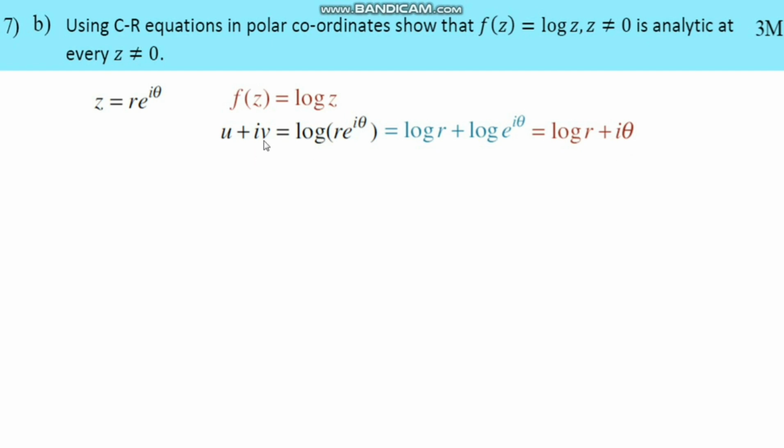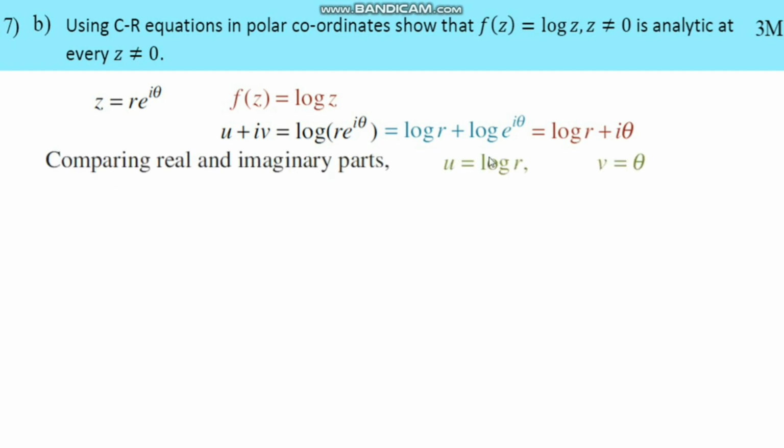So u plus iv equals log r plus i theta, which is well defined. Comparing the real and imaginary parts, we have the real part u equals log r, and the imaginary part v equals theta only.